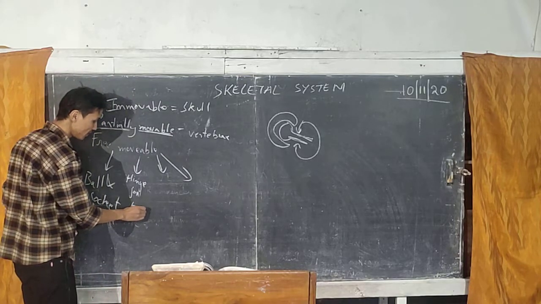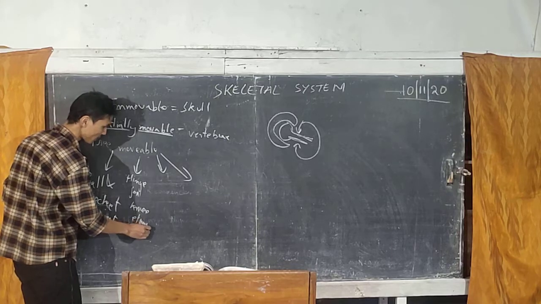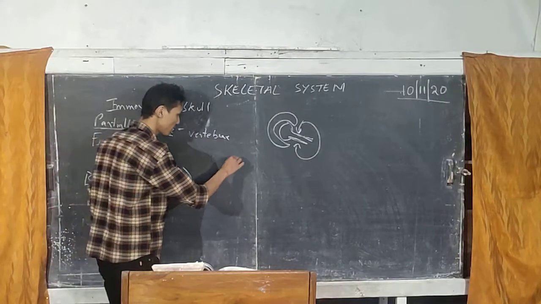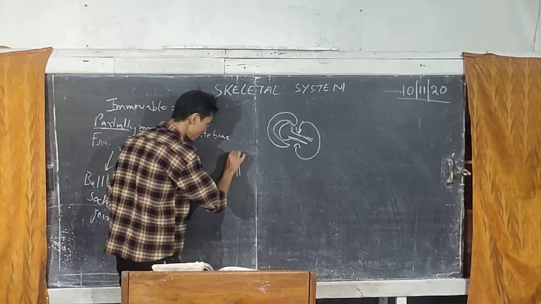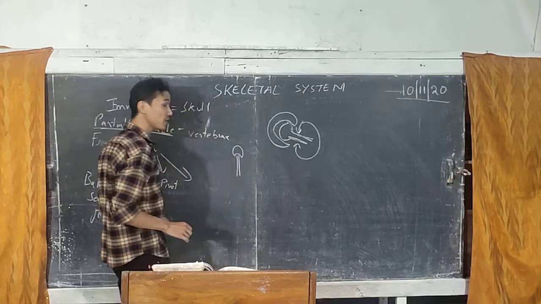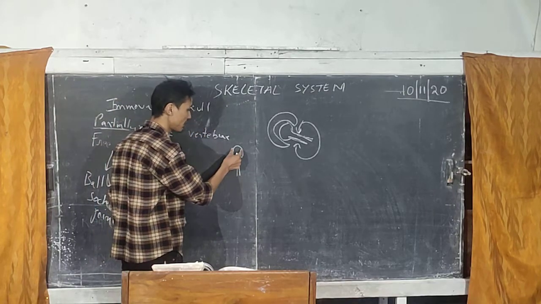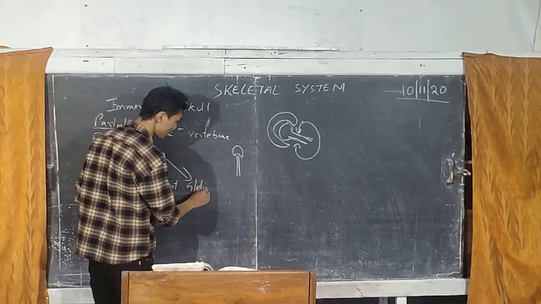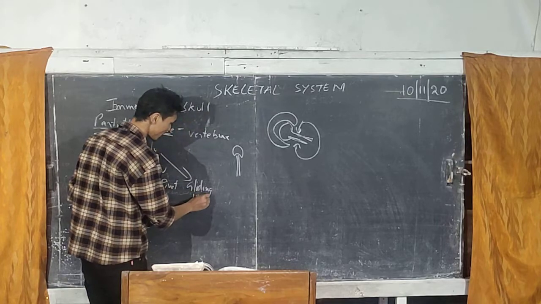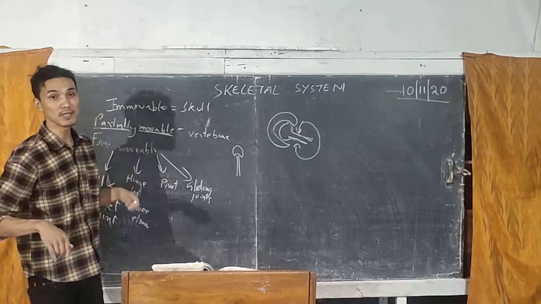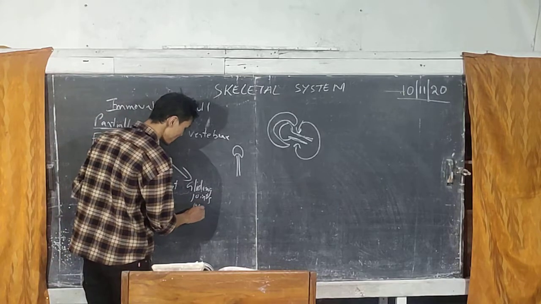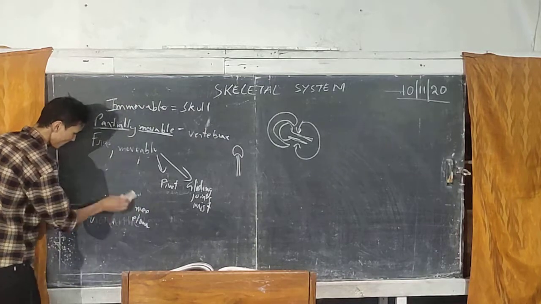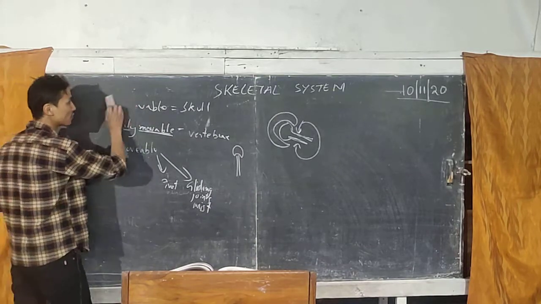Examples are your knee and elbow joints. Next one is pivot joint. By pivot joint, what it means is there's a single bone and the other bone is pivoted on top of the joint. The example is the placing of the head on the topmost vertebra. The next one is gliding joints. By gliding joints, what it means is it allows the bones to slide against each other, and these are found in the wrist.